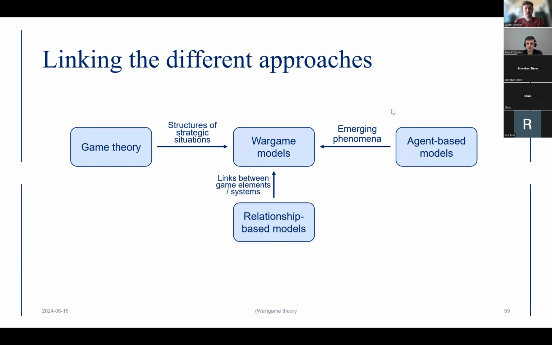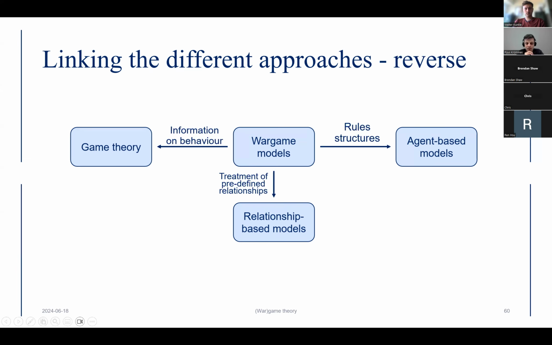At the same time, what wargaming can give, and I think it's not a one-directional relationship but a mutual exchange, is that wargames can inform about behavior in terms of game theory. Again, optimization and maximization of payoff has attracted quite a lot of criticism in the literature, and wargames can help us understand why.